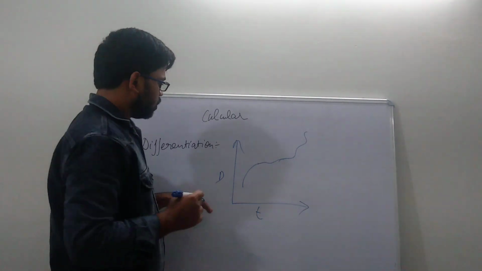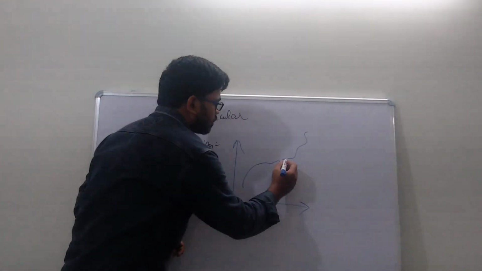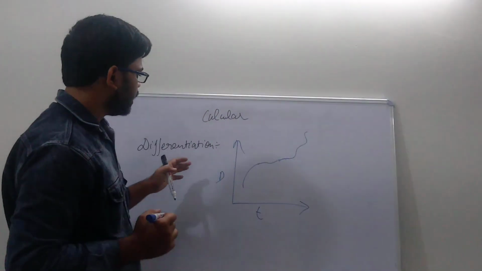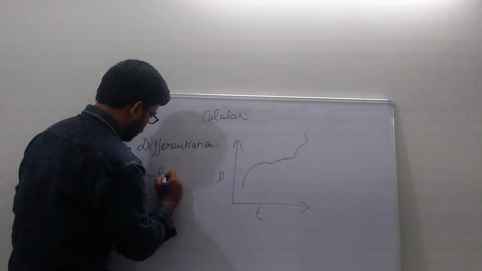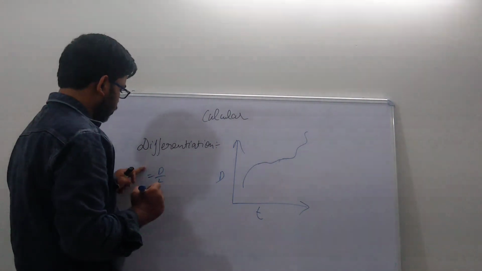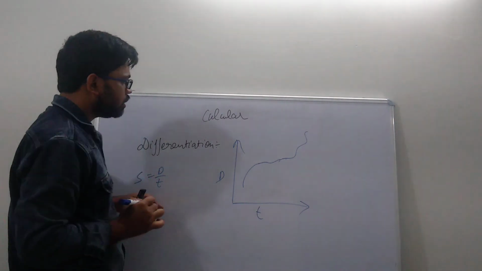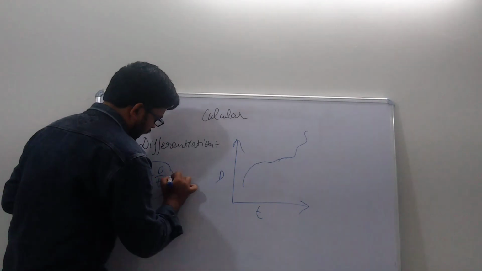So at any time, if I want to calculate the velocity, velocity is distance upon time. Sorry, if I'm talking about distance, I should write it as speed. Speed is distance upon time, but this speed is average speed.